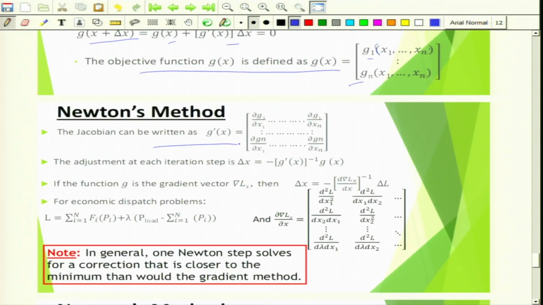Now obtain the Jacobian. g dash of x is nothing but dou g1 by dou x1, that means obtain the partial derivative for each of the functions with respect to each of the variables, and the adjustment at each iteration step is delta x is equal to minus Jacobian inverse into g of x. How do you get this?